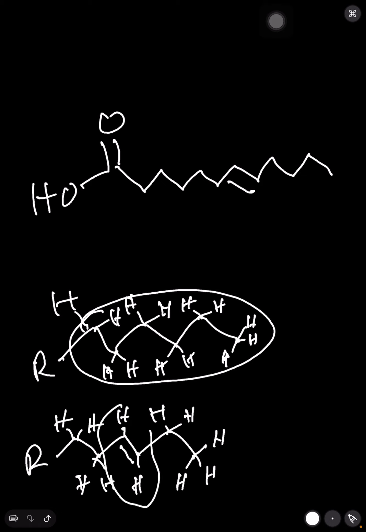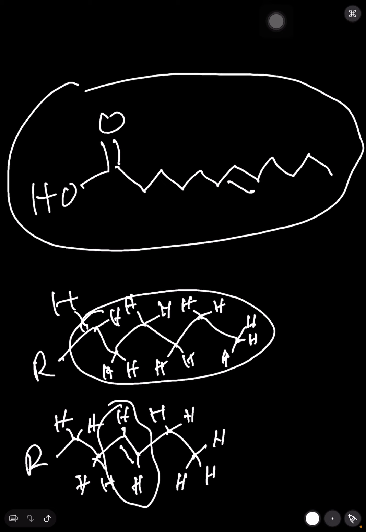That means these 2 carbons each can only hold 1 hydrogen, right? That reduces the number of possible hydrogens held by these carbons, in this case by 2. That's what we call a degree of unsaturation. Basically, a degree of unsaturation adds a pi bond and takes away 2 hydrogens, right? And that's what we've done over here. We've introduced 1 pi bond, all right? So this one is unsaturated.